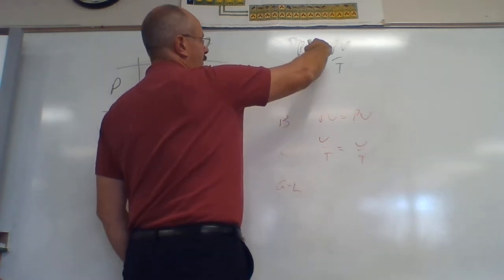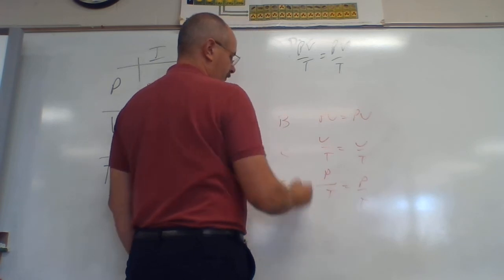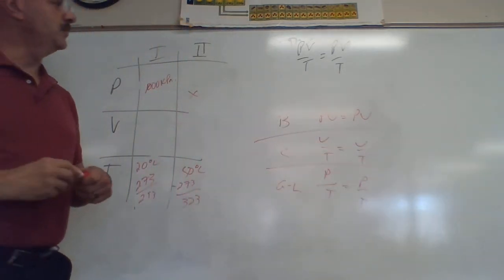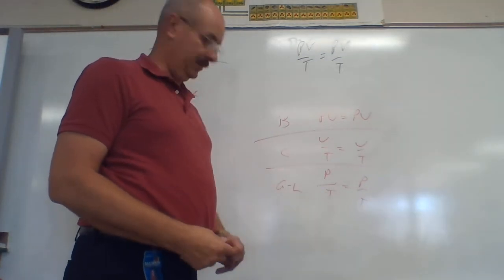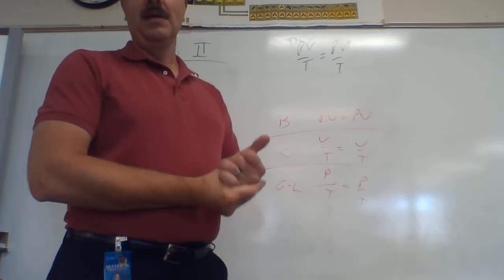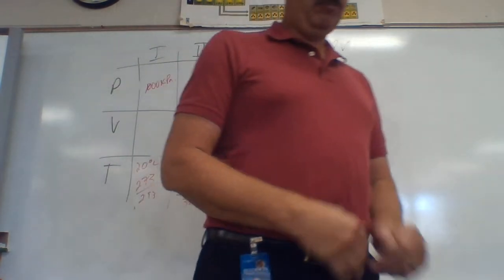Gay-Lussac's law, we continue, we get rid of the V, so we get P over T equals P over T. So there's the three laws, actually. And all it is is just removing something, and the reason we're removing it is because it's constant. Once it's constant, then I don't need that piece in the mathematical expression, because it's not going to do anything to it.